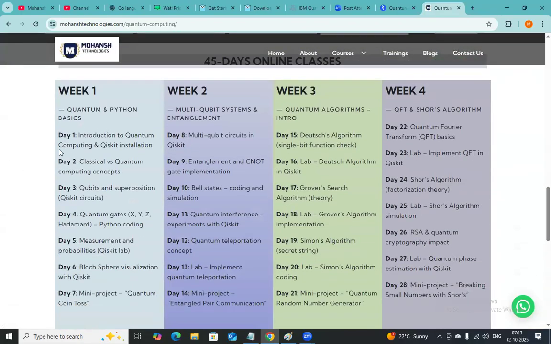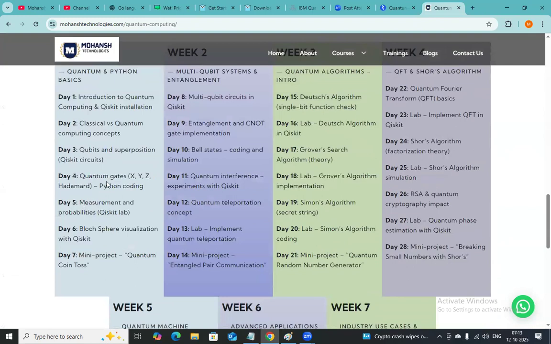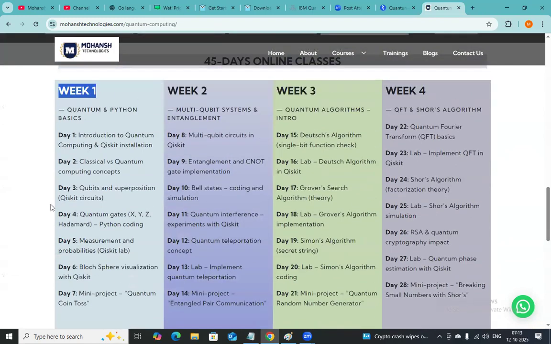In week one, we are going to discuss quantum and Python basics: introduction to quantum computing, Qiskit installation, classical versus quantum computing concepts, qubits and superposition, quantum gates like X, Y, Z, Hadamard, Python coding for these quantum gates, measurements of probabilities, Bloch sphere visualization, and a mini project, coin toss. I already gave the coin toss example, right? The same coin toss example, we will do as a mini project.